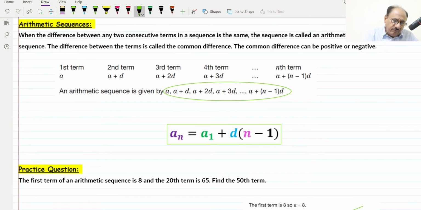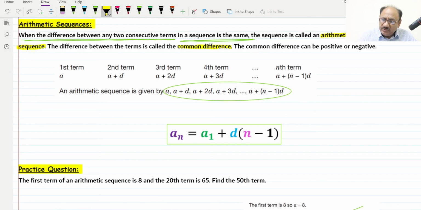Keep in mind, when two consecutive terms, one after the other, have the same difference throughout the sequence, this type of sequence is known as an arithmetic sequence, and the difference between the terms is called the common difference.